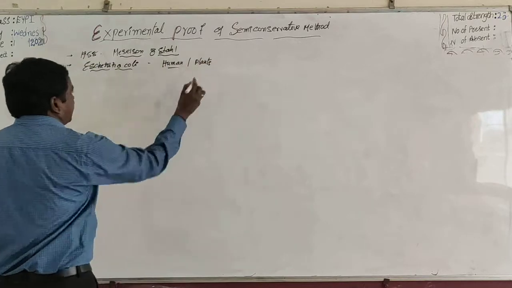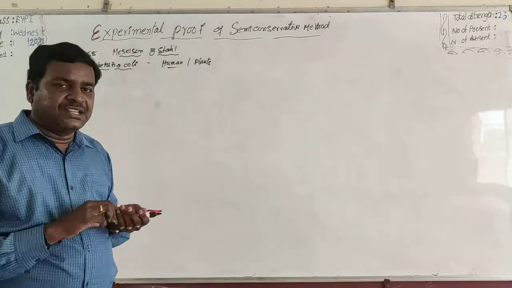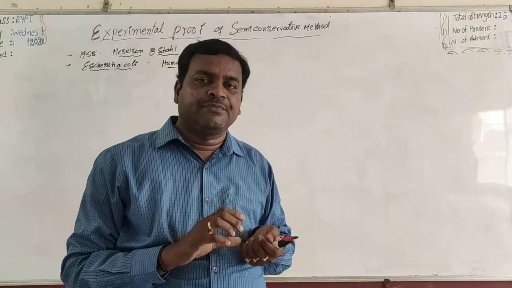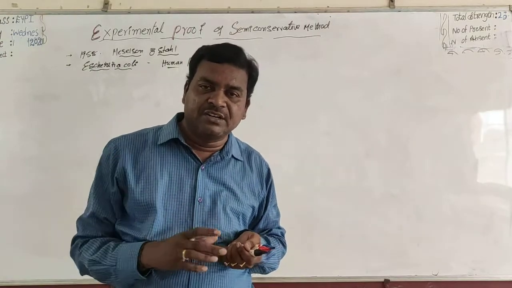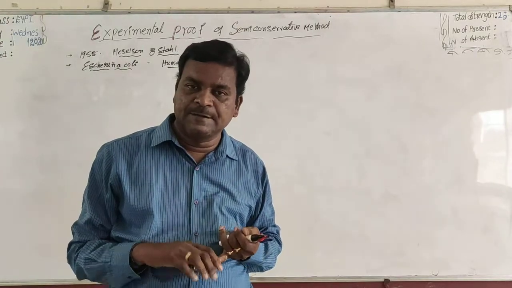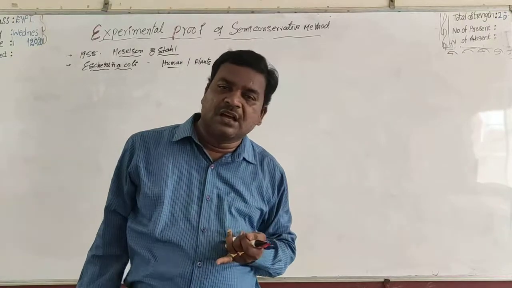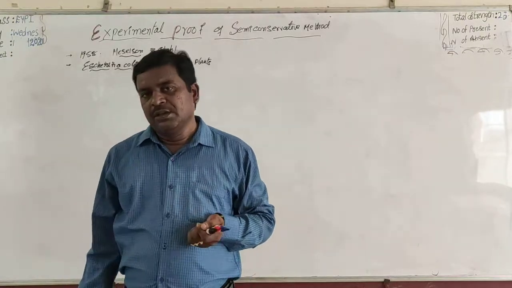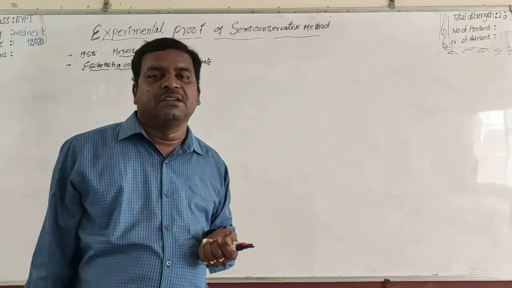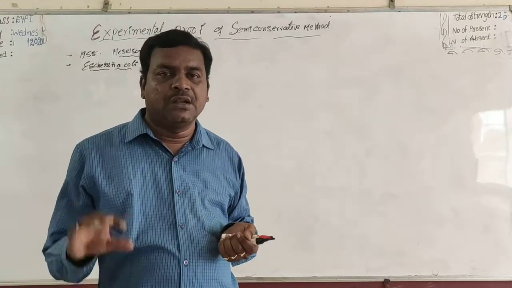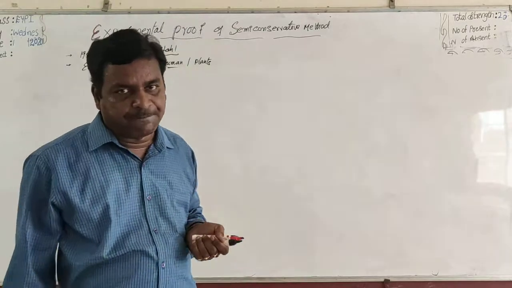Anyhow, Meselson and Stahl proved the semi-conservative method of DNA replication for the first time in 1958 in the bacterium Escherichia coli, and subsequently it was also proved in the cells of plants and humans.